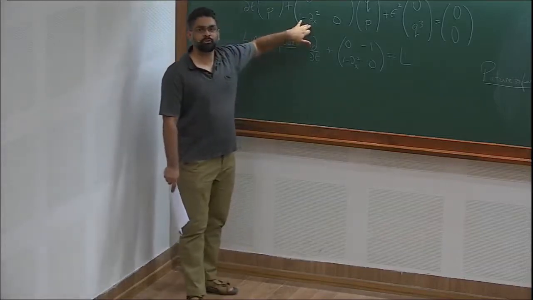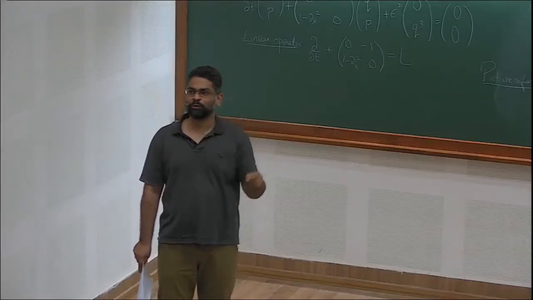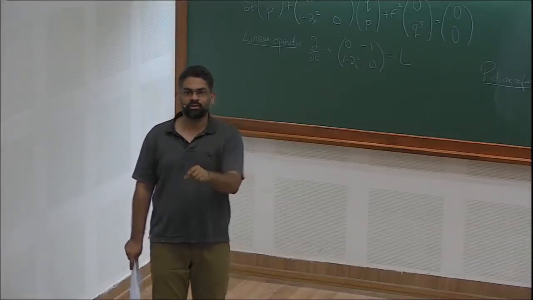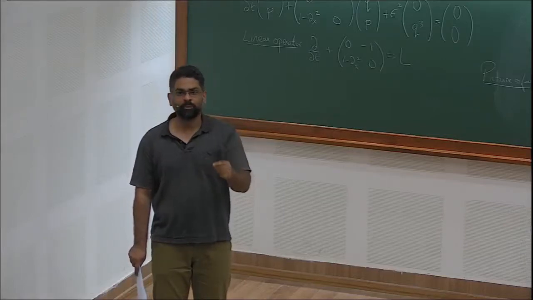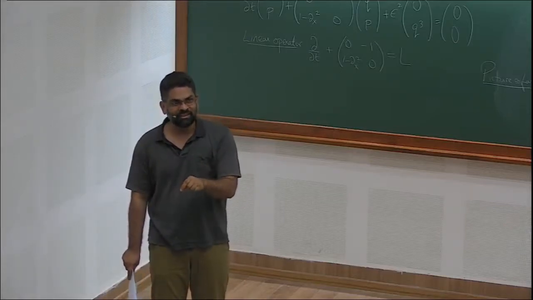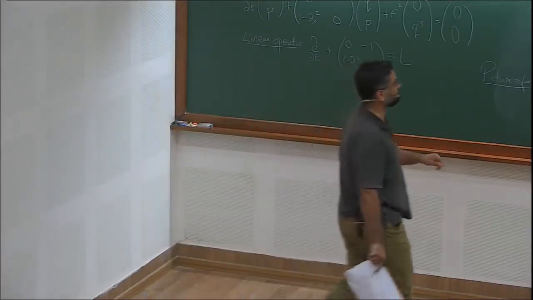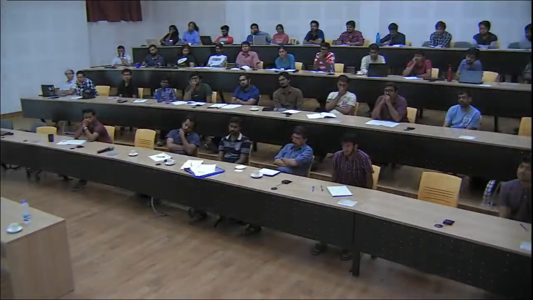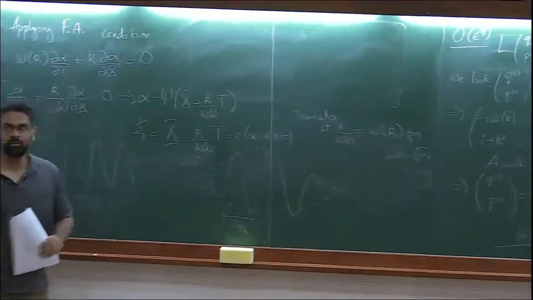The x derivative, well, I have to see taking x derivative of different combinations. If I take two x derivatives of psi, I'll get an epsilon squared, because psi depends on the profile variable xi, and xi looks like epsilon x. Remember, xi looks like epsilon x minus omega prime of k t.